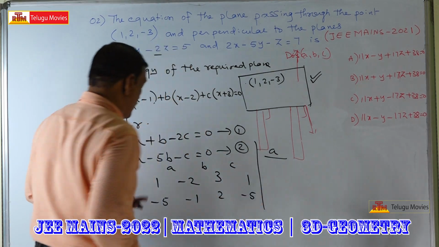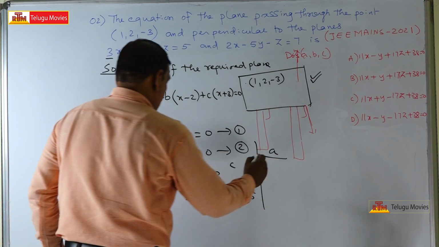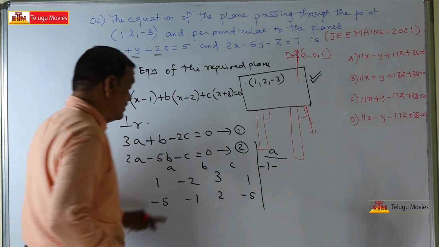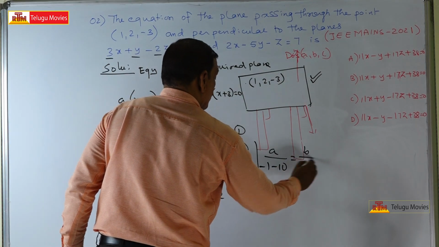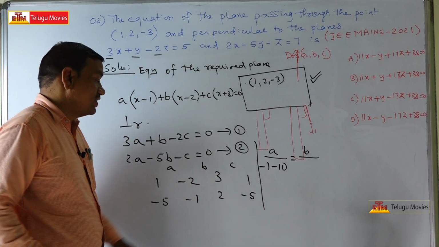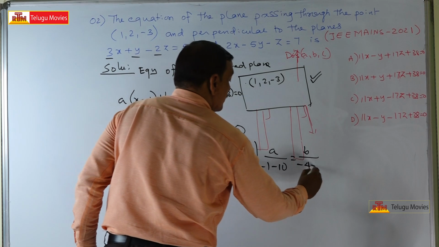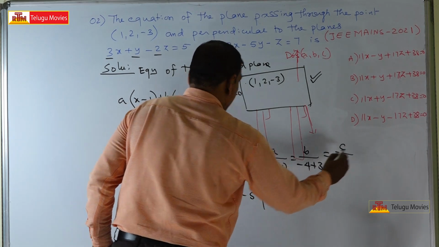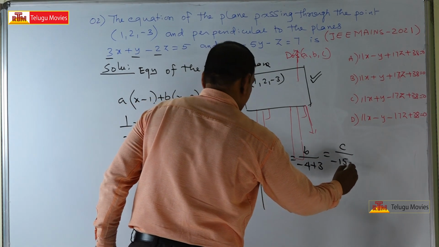a by, this is ad minus bc, just like a matrix, minus 1 minus 10, that is minus 11. This is equal to b by minus 4 plus 3, that is minus 1, equal to c by minus 15 minus 2, that is minus 17.